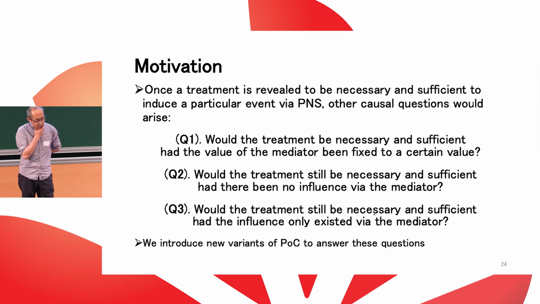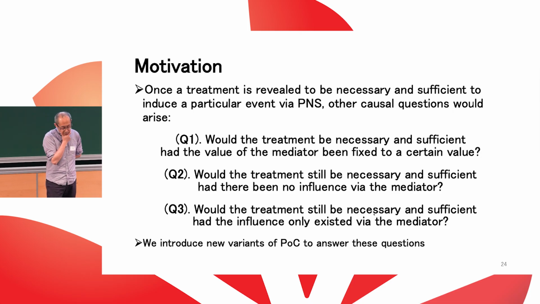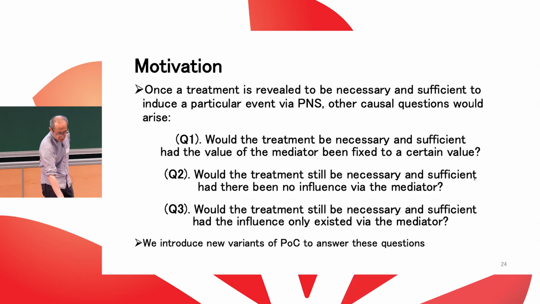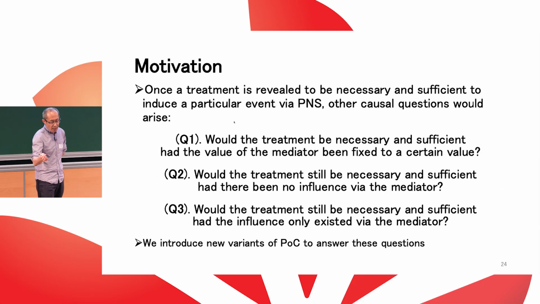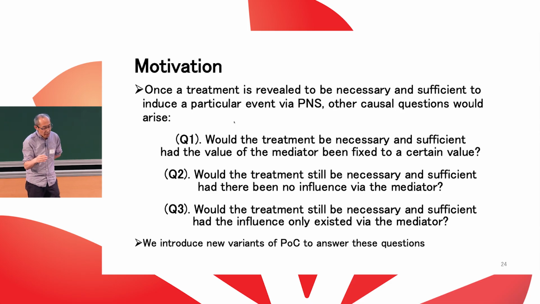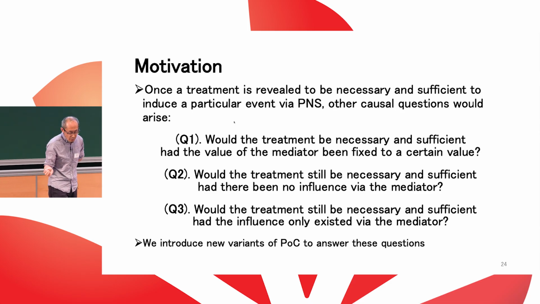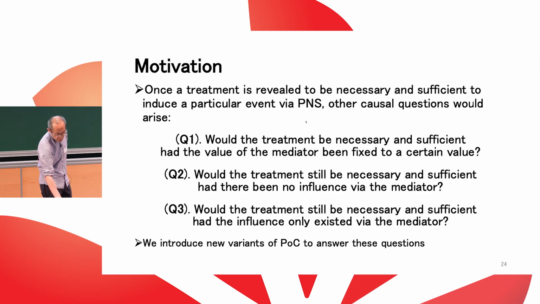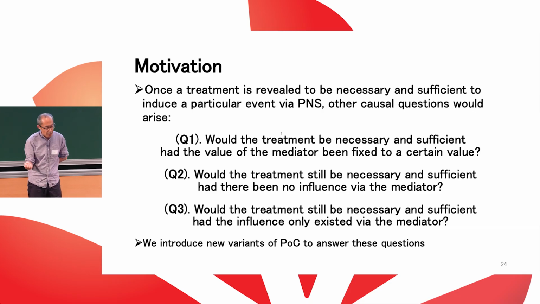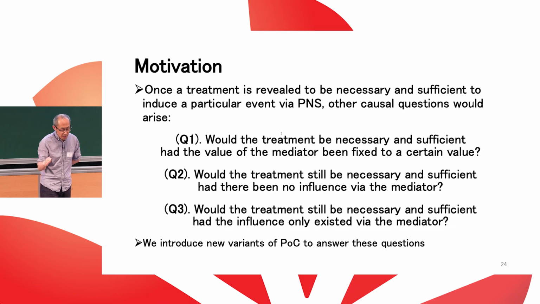So now we would like to introduce direct and indirect PNS. The intuition is we want to answer this kind of causal questions. Assume that you have established a treatment is necessary and sufficient for a particular event by PNS. You might ask questions like, would the treatment still be necessary and sufficient had the value of the mediator been fixed to a certain value?